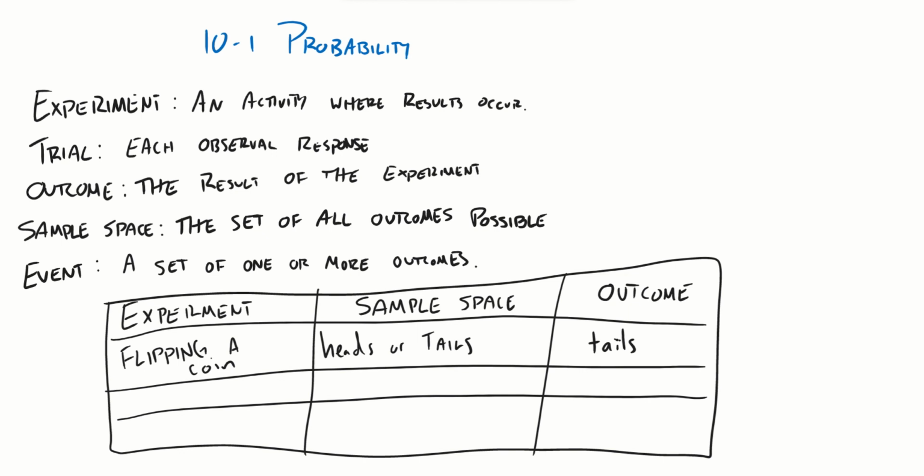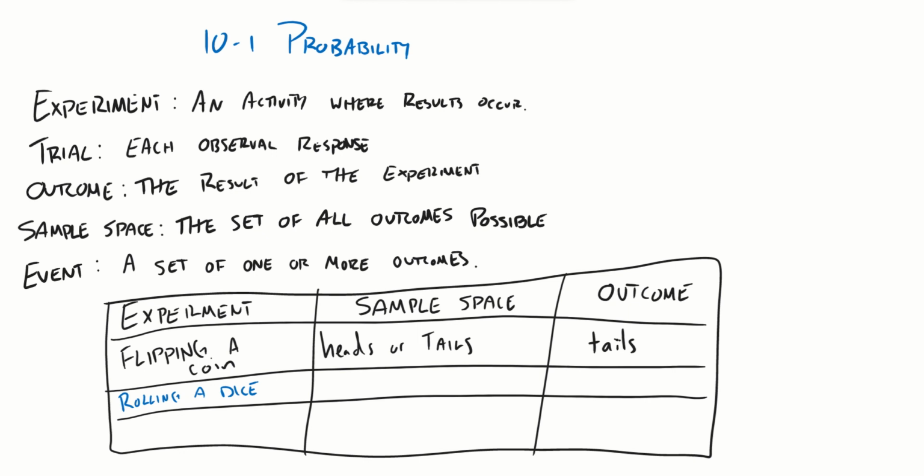All right. Now, a different experiment we could have is rolling a dice. Just as a side note, every textbook, every math thing I've ever seen never calls it a dice or a die for some reason. They always call it a number cube, which I don't like. So if you ever see number cube, just know it means dice.